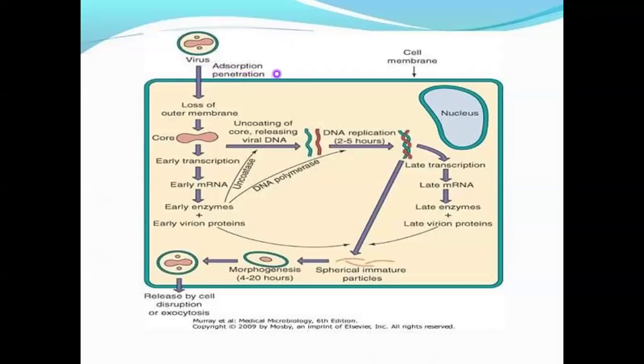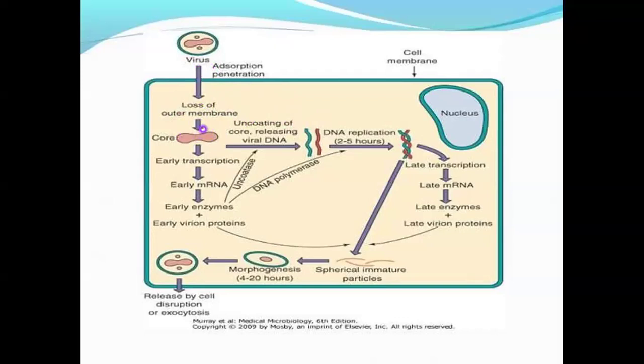The penetration they're talking about is endocytosis or the fusion. Once it fuses, the viral envelope fuses with the host cell membrane, and the core part of this virus will be released. One thing you have to remember is this core contains the DNA. So it will be released inside the cytoplasm.